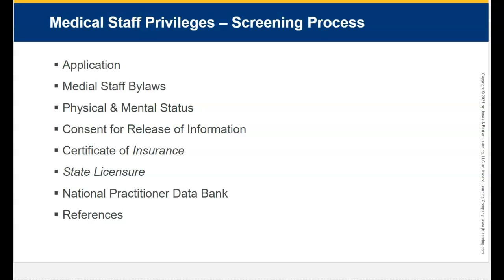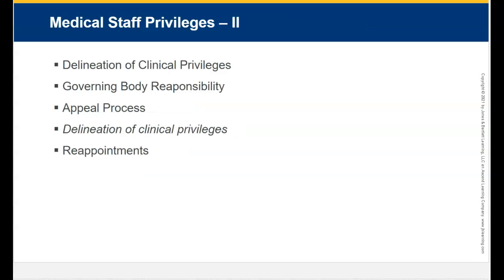That responsibility does fall on the governing body of the medical staff because it's their ultimate responsibility to confirm licensing, credentialing, etc. Page 139 talks about the application, the physical and mental status review, certificate of insurance, licensure, references, etc.